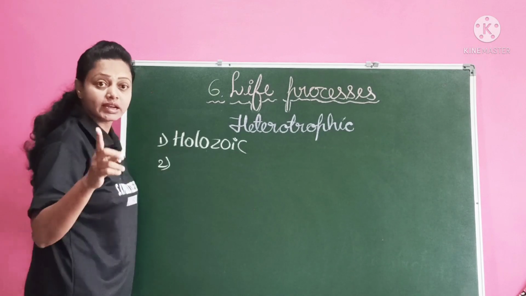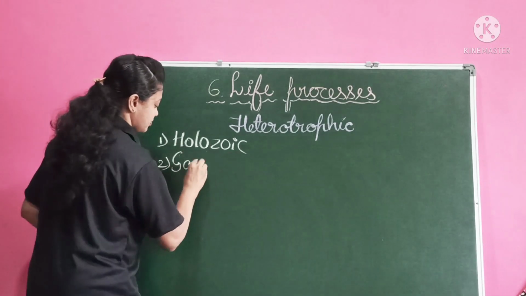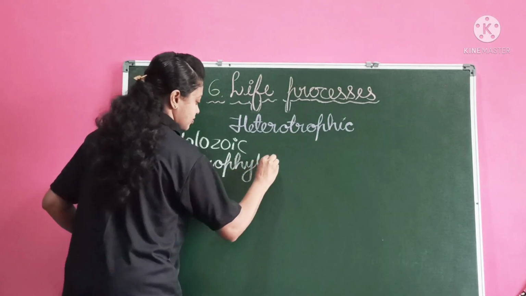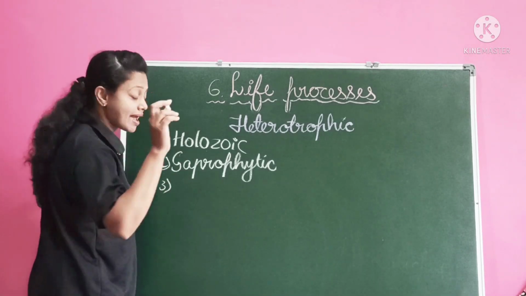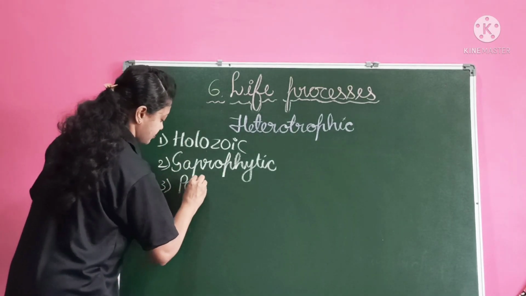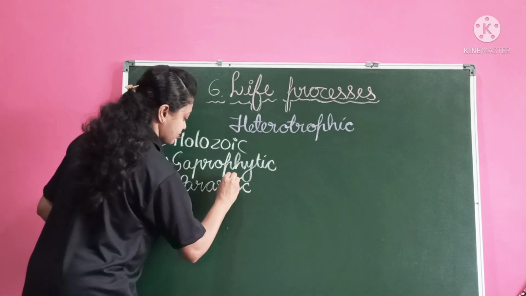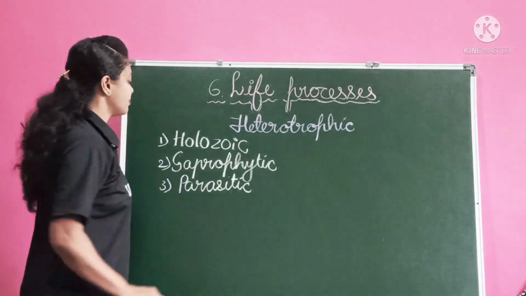The second one is saprophytic nutrition. And the third one is parasitic nutrition. Now, let's study one by one.